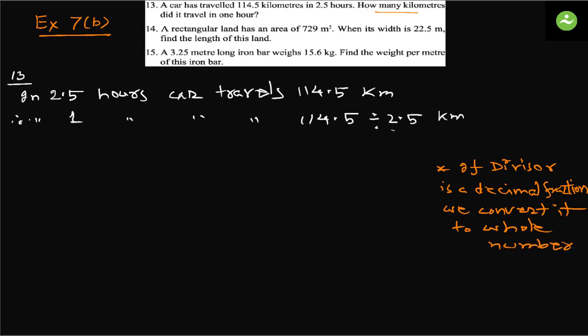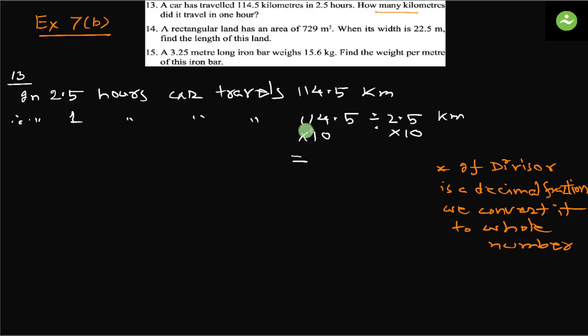Now this is a decimal fraction here, so we need to multiply by 10 to change it to whole number. Why 10? Because this has only one digit after decimal. Now the dividend also has to be multiplied by 10. Otherwise, the value of the quantity will change. So we must multiply the divisor and the dividend by the same number.